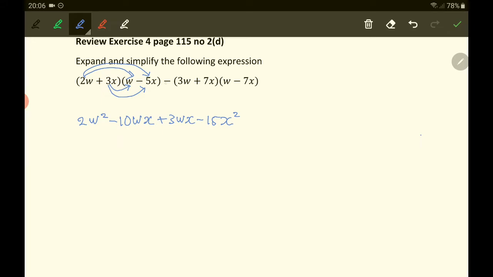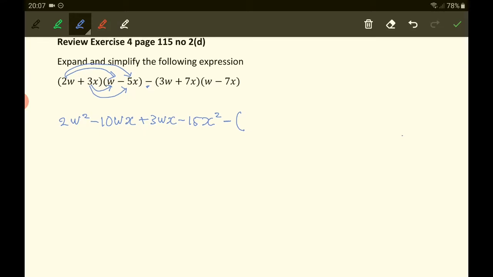And the second part, you have a minus here and then a bracket. So you also write minus and then the bracket, just to play safe. You don't have to multiply the minus first, you just leave the minus outside the bracket. Then you do the same thing as the first part. So 3w times w gives 3w squared, and 3w times minus 7x gives minus 21wx.